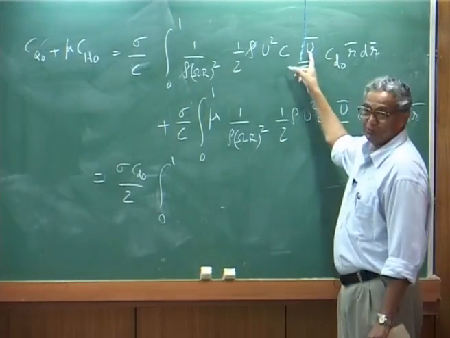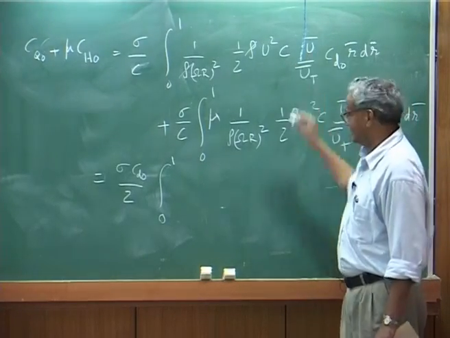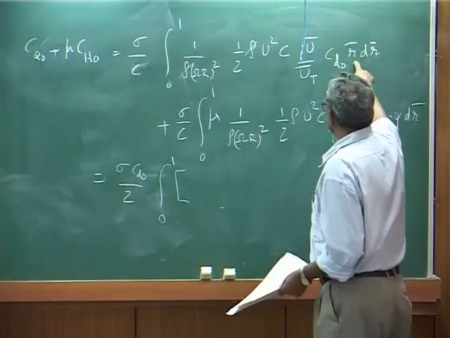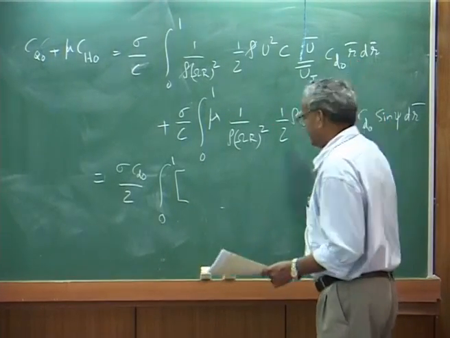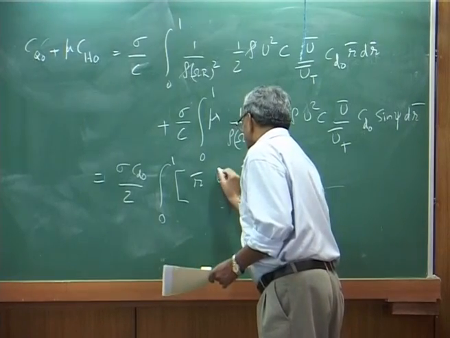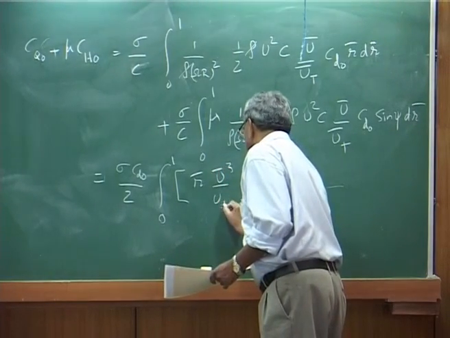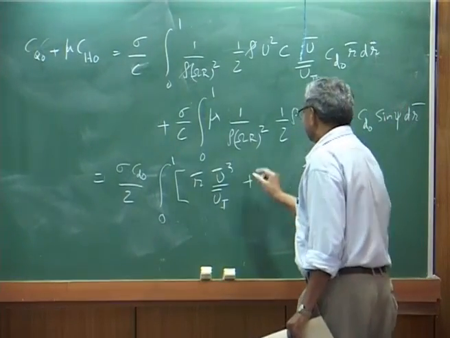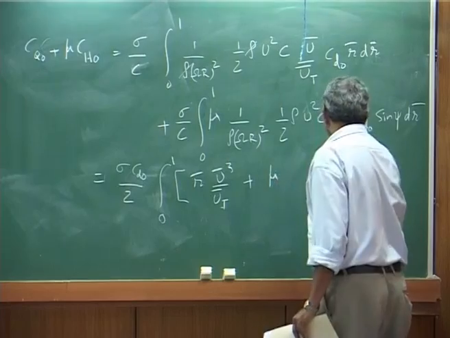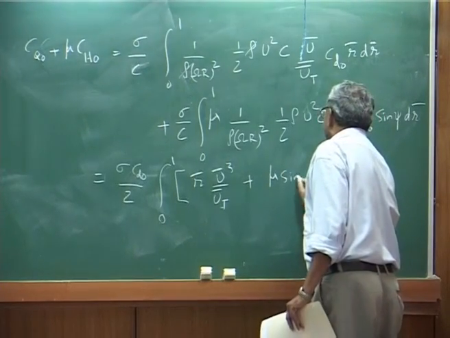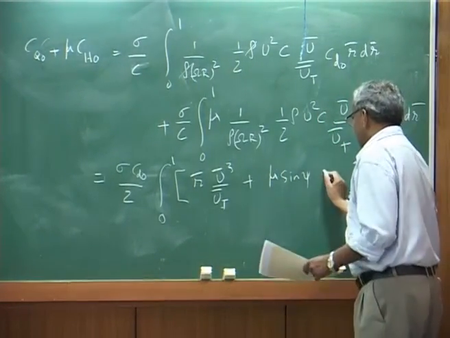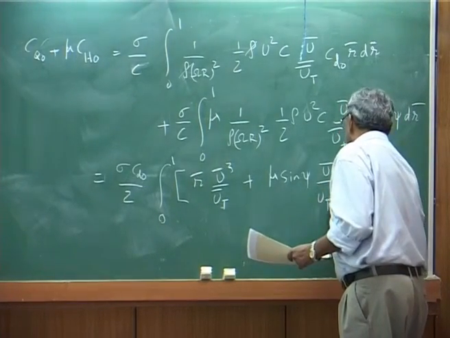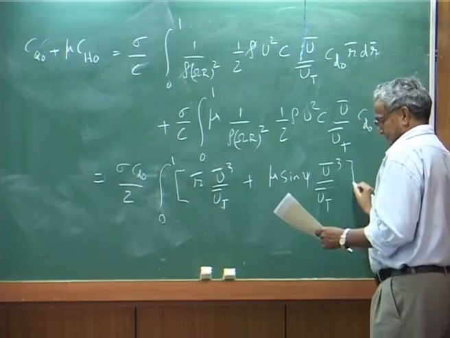So, this will become U bar cube. So, I am going to write it as r bar, U bar cube over U_T bar, plus here also mu sin psi, again U bar cube over U_T bar.